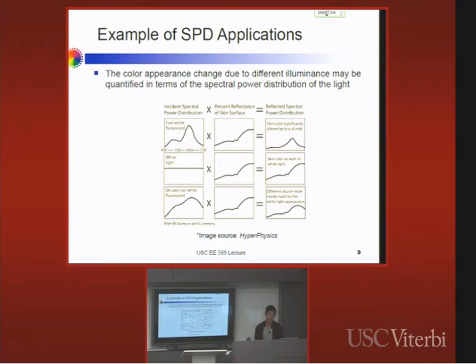The first thing is the reflectance of your skin. The percentage of reflectance of the skin tells you what wavelengths of light have a higher probability of being reflected. And this multiplied by the original SPD of the light source gives you the eventual skin color that is perceived by human eyes in that particular scenario.